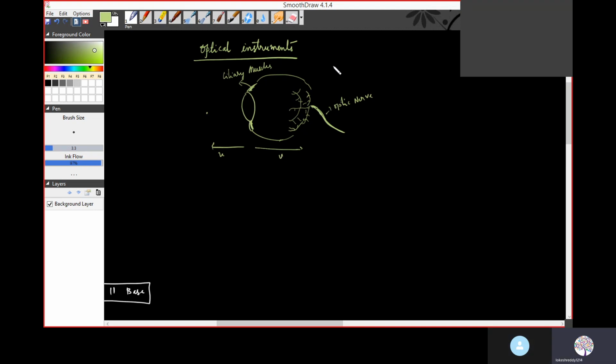The eye lens actually behaves as a lens of refractive index 1.437. Then you get a real inverted image on the retina, and the brain will make it upright.